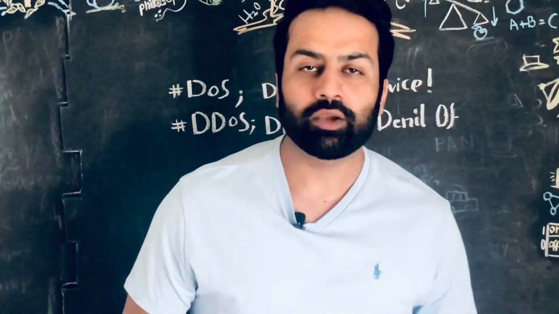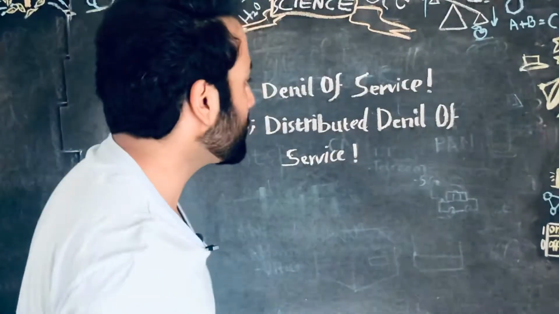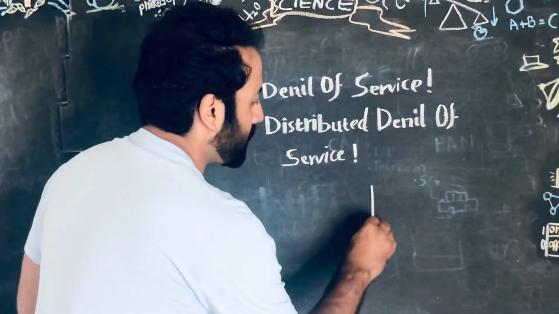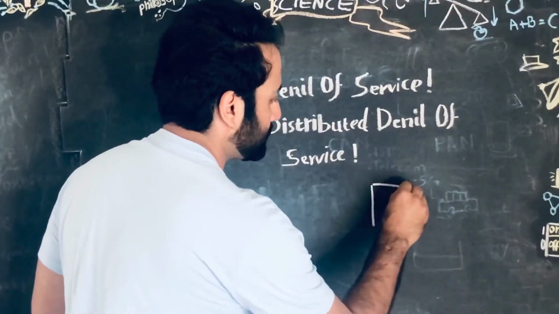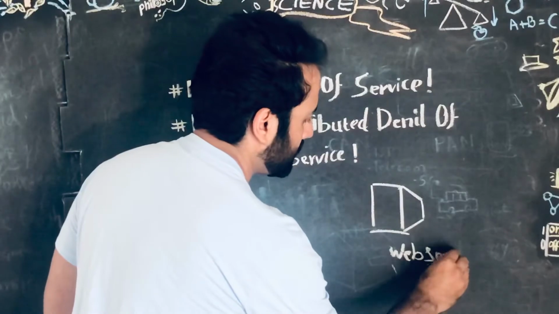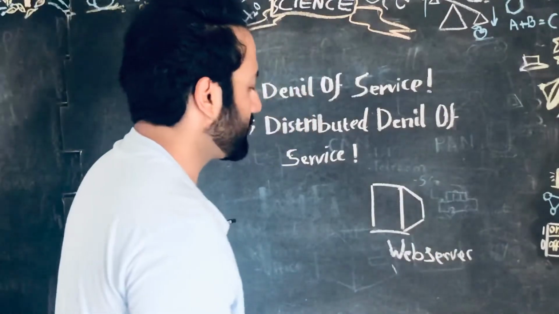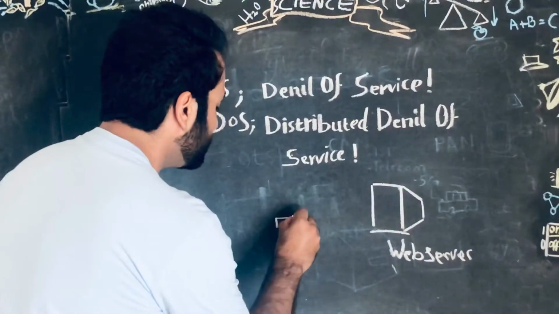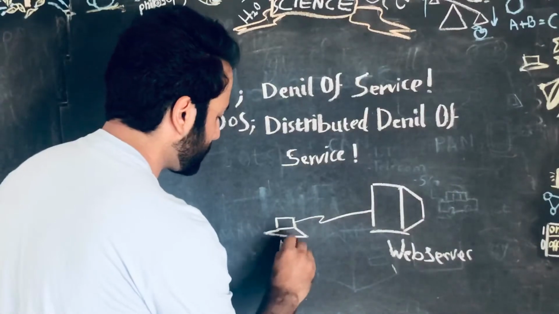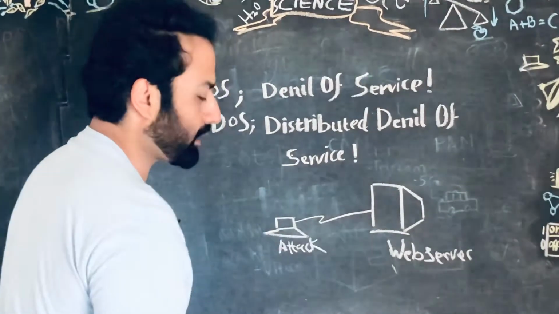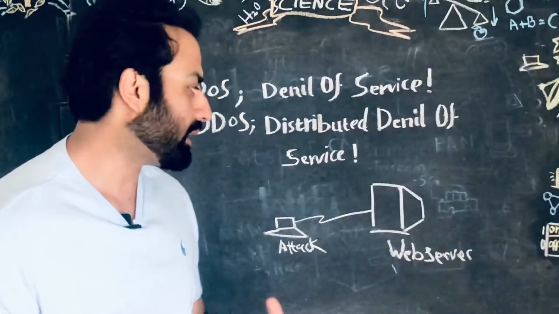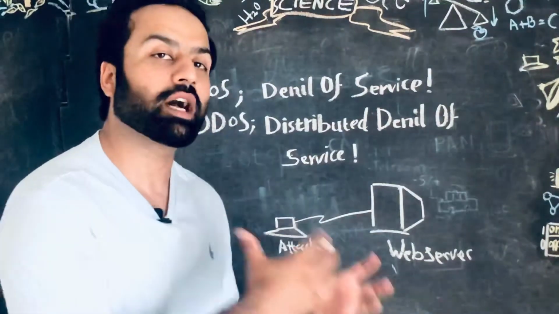As I have mentioned, in DoS, denial of service, one of the big differences between DoS and DDoS is this. For example, this is our website, and this is our web server, and hackers are trying to attack our web server and deny our services.